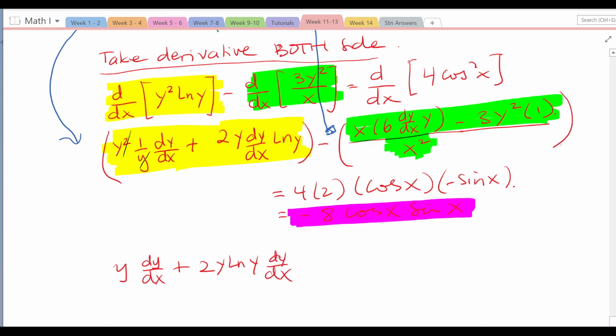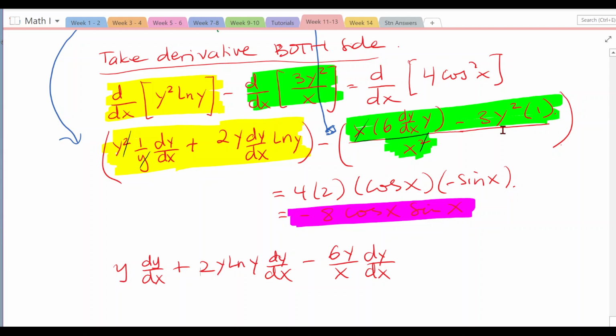And then minus the term in green. We cancel one of the x's, so we only end up with 6 over x times y, 6y over x dy/dx.